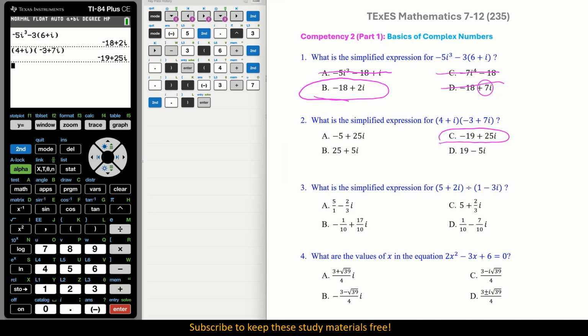Now I do have a little word of caution with this particular question. This question was taken out of a practice book and they had a typo. If you have that particular book, it's a paperback TExES exam review, do me a favor if you don't believe me and take the given expression, pop it into Google, and Google will give you exactly what I did.